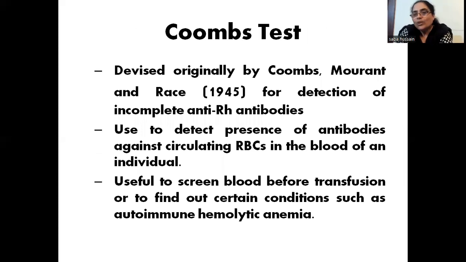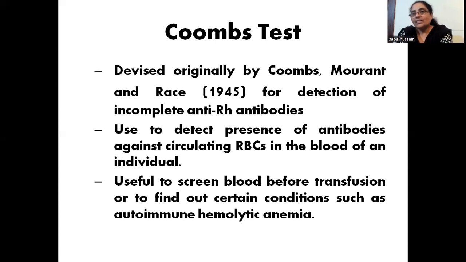One more type of antigen antibody test is the Coombs test, which was discovered by Coombs, Morant, and Race, and it was devised in 1945 for the detection of incomplete anti-Rh antibodies. That is, the antibodies which are roaming, and they are not clumping at first sight. They are present on the RBC, but they are not causing clumping because they are incomplete.